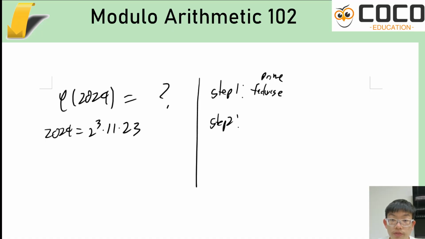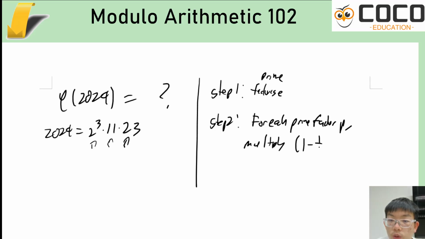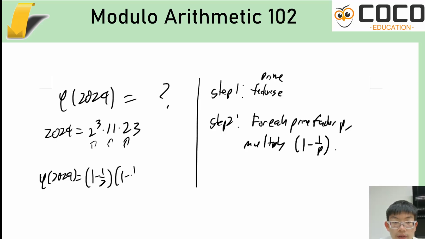Now, step 2 is to say that how many numbers are there going to be that don't have the factor of 2, 11, and 23, or don't have any of the prime factors for my respective number. Well, for each prime factor p, multiply 1 minus 1 over p. So for example, that means that my phi of 2024 is 1 minus half, 1 minus 1 over 11, 1 minus 1 over 23 times 2024.